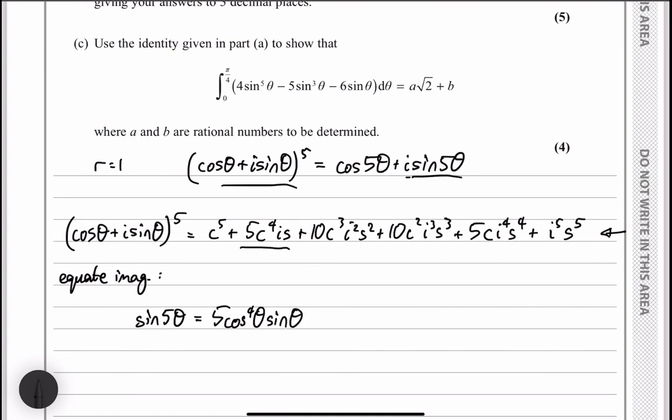That was an imaginary term. This is not, because the i squared becomes a minus 1. This is, 2 of these become a minus 1, and we're left with i there. So we've got minus 10 cos squared theta sine cubed theta. This one is not imaginary, and obviously this one isn't either. And this one is, i power 4 is a 1, so we've just got plus sine power 5 theta there.